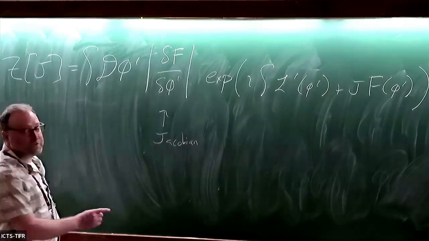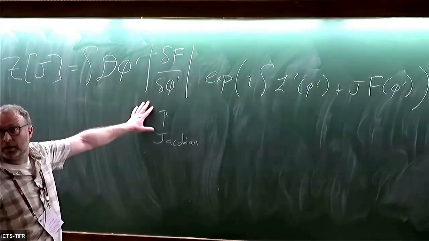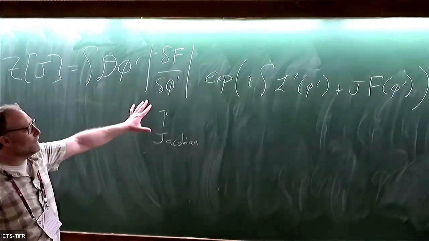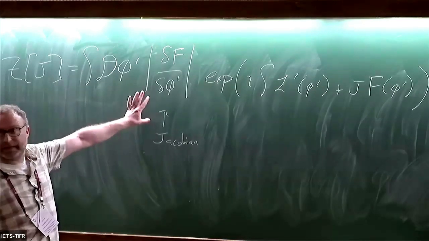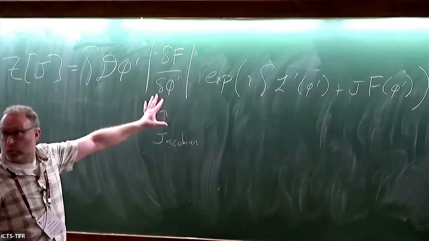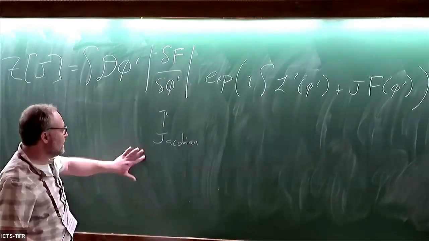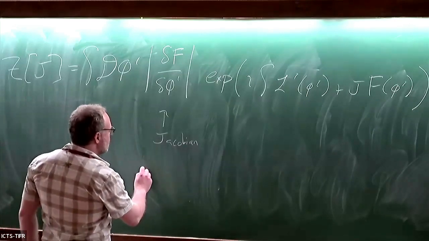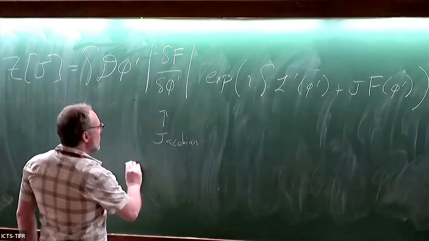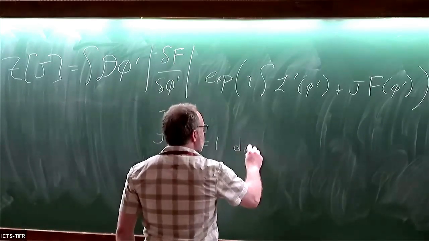So I'm just going to tell you that you can ignore this Jacobian, okay? We could talk about it. This is, I think, well understood by experts, maybe less well understood by me, but nonetheless, the Jacobian equals 1 if we use dimensional regularization.